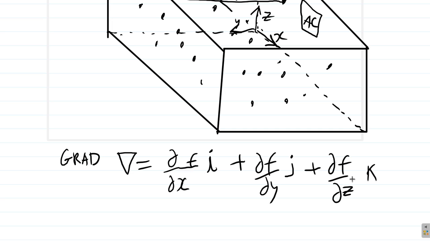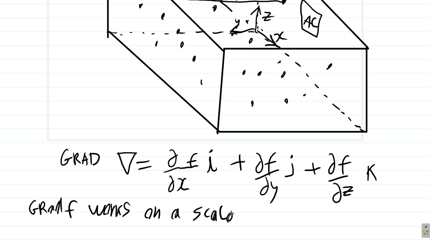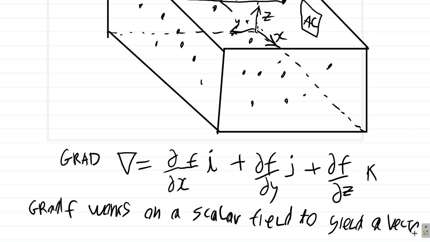So what you have there is the gradient of a function. Now, what it does, grad f works on a scalar field to yield a vector.